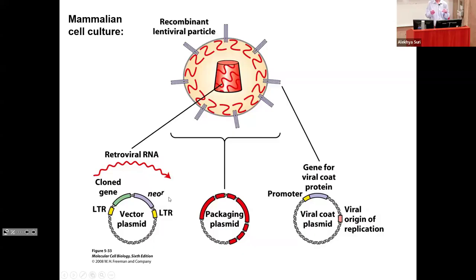Usually you make these viral particles in kidney carcinoma cell lines, 293 cells. It's a standard procedure. You let viral particles be produced, and then you can take, for example, the supernatant of the cell culture.